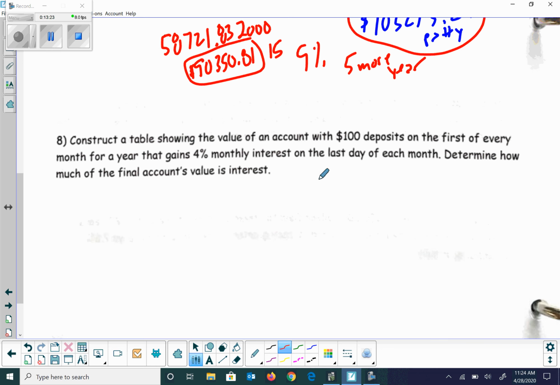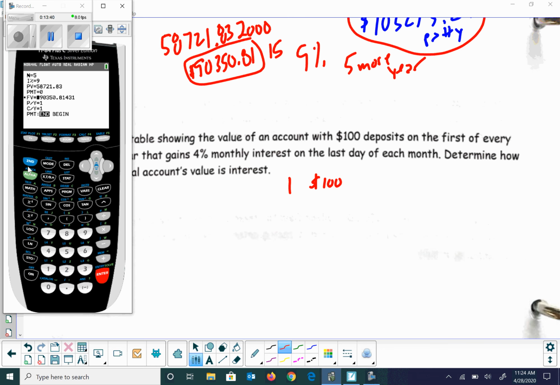Okay, so if you did 1 month, you had $100 in that month, and that earned 4%. So let's clear out of this. So we did 100 times 1.04. And the reason I do a 1 out there is because I want to know what my value is currently.